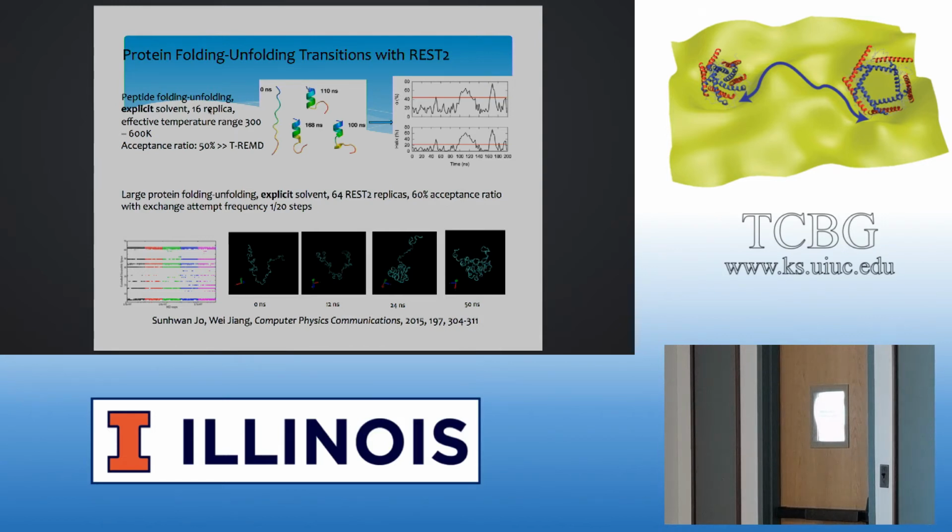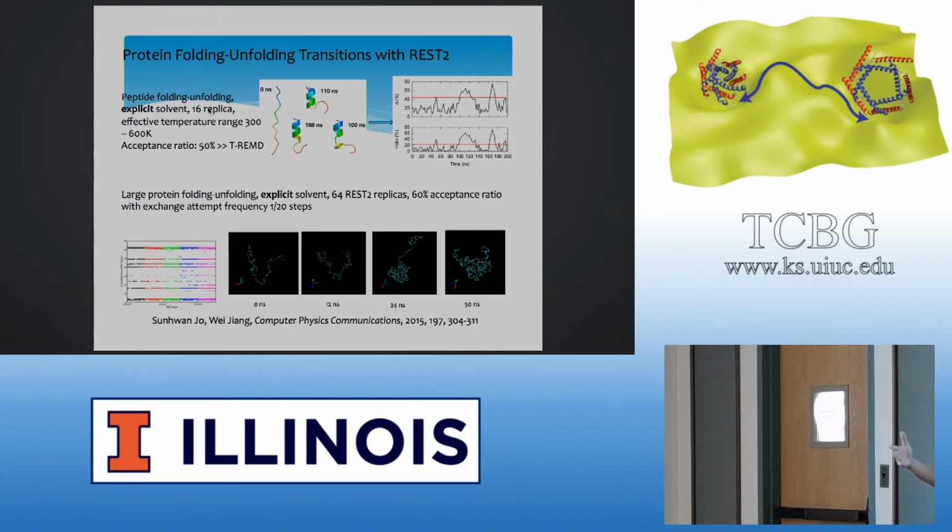And here, this is the traveling of one thermodynamic state. This is the traveling history of the physical replica. Because for REST2, finally, no matter how many replicas you have, you only choose the physical one that has the lowest temperature as the final result.